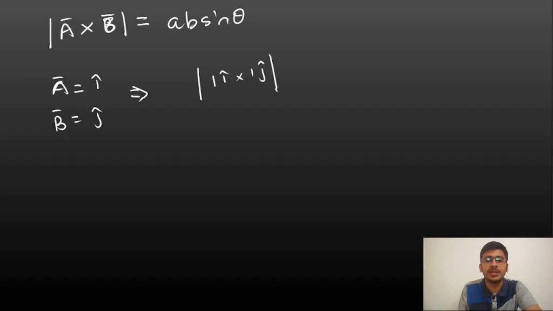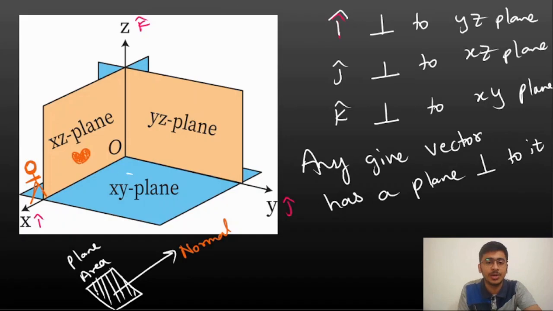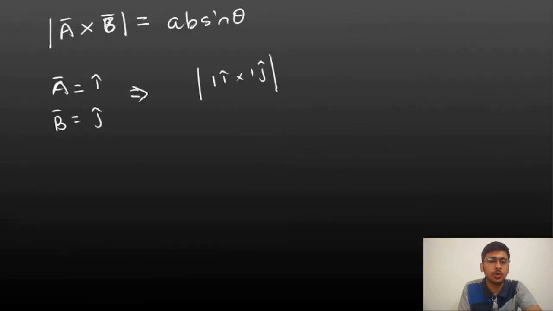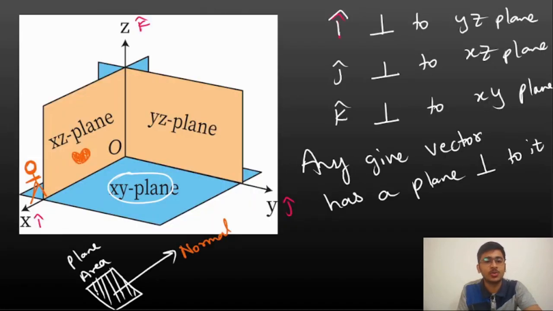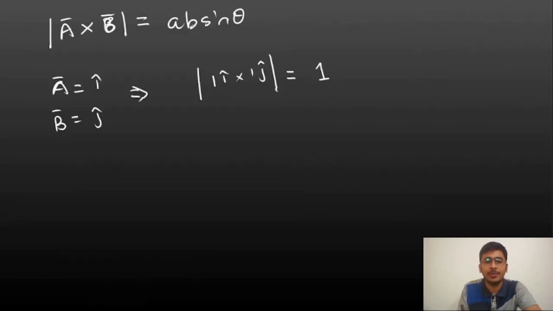So it represents a plane which is I cap J cap, which represents our XY plane. Its magnitude is obviously 1, but what is the direction of this plane? Well, to look at the XY plane, you have to look perpendicularly, from the upside direction. So simply I can say I cap cross J cap is 1 K cap, because that is the perpendicular direction to the plane of I and J. So I cross J gives us K.